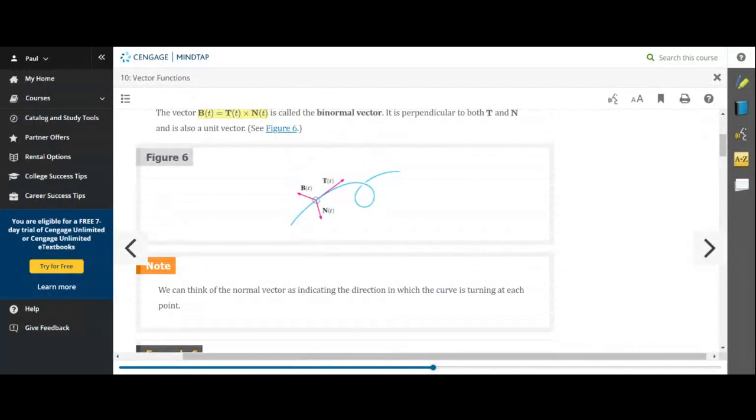The binormal is also going to be a unit vector because it's the cross product of unit vectors. The plane that contains the binormal vector and the normal vector is the normal plane. I think of the normal plane as chopping the space curve at the point P, a vertical chop.